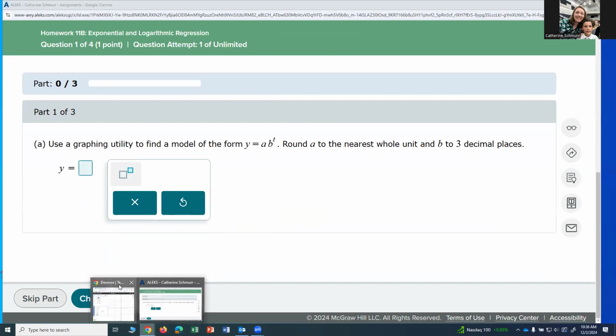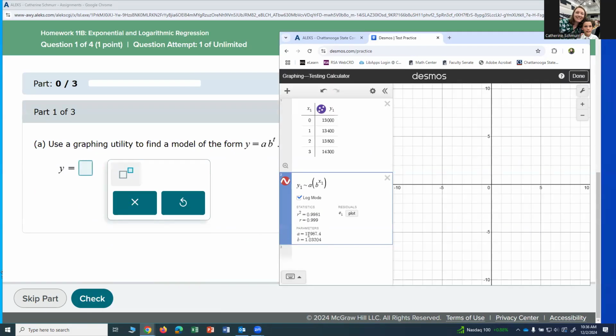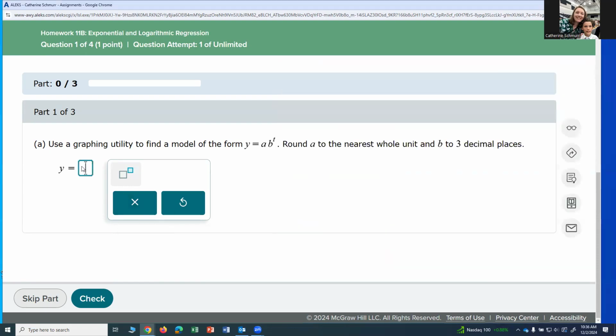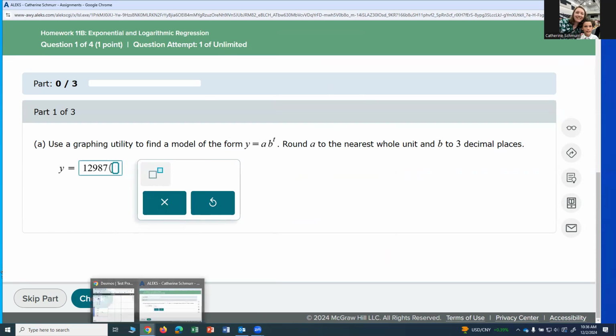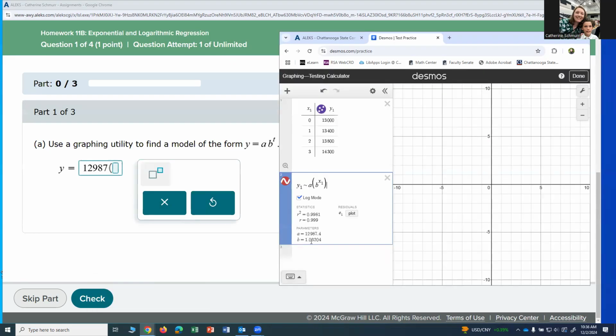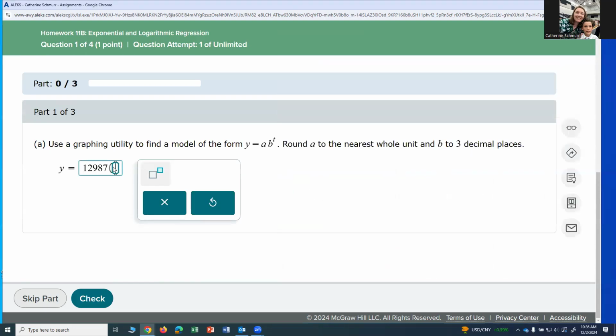So A was 12,987. It does say round A to the nearest whole unit, and then round B to 3 decimal places. So B is going to be 1.032.